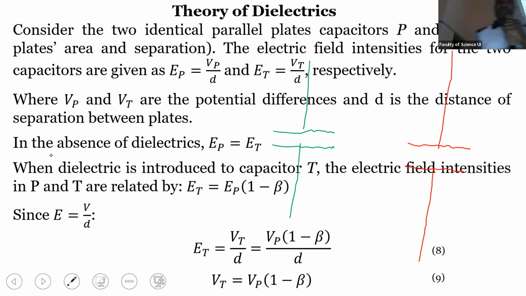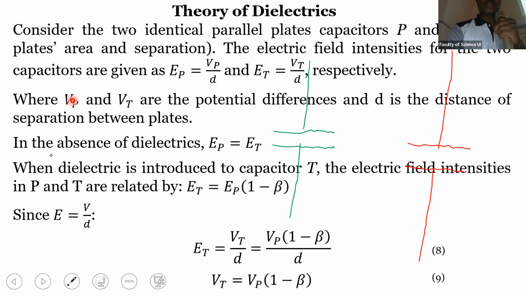The only thing that can differ is the potential difference across it. As long as we say they are identical, D, the distance of separation in P, is equal to the distance of separation in T.